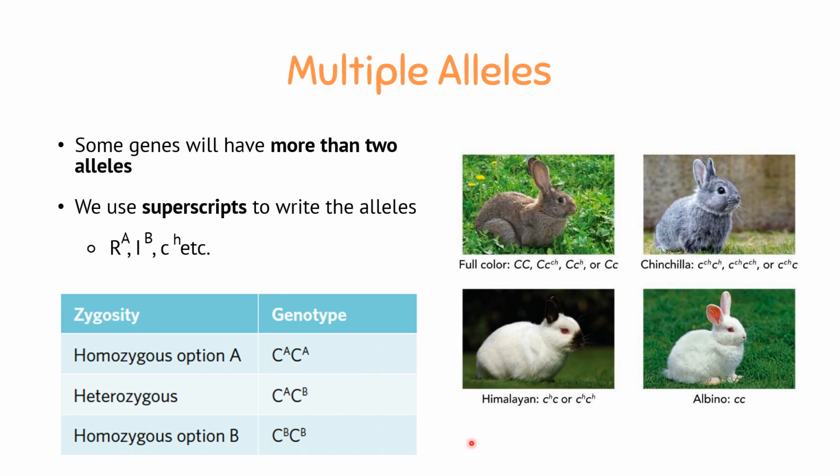So for example, you could have C^A C^A, C^A C^B, and C^B C^B, or in these rabbits, as you can see here, there is a variety of different alleles that exist for fur color, and it's the combination of the different alleles that results in the fur color. But there is more than two, and so there can be more than two phenotypes as well.